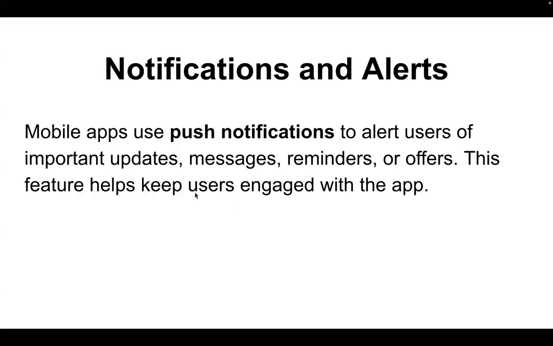This is mostly useful for applications with messages, reminders or offers. Most of the 90% of applications are using push notifications only. In older days they were sending SMS or something like that, but nowadays everyone is using push notifications. I will cover how the push notification functionality works in our mobile applications.